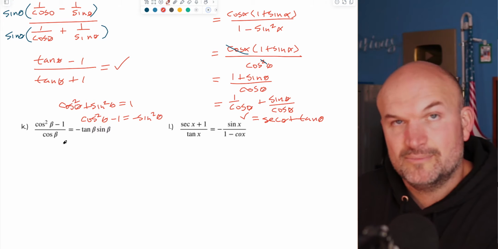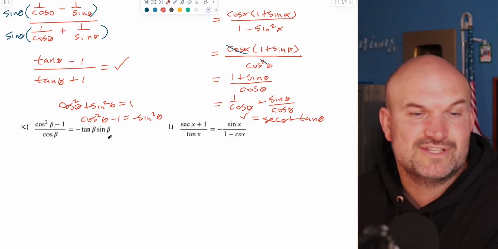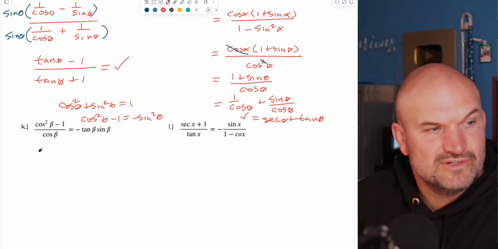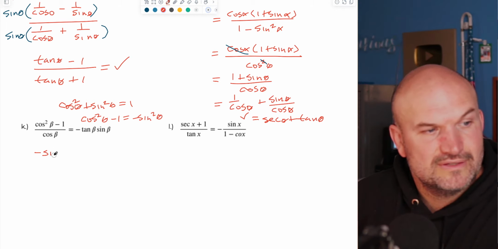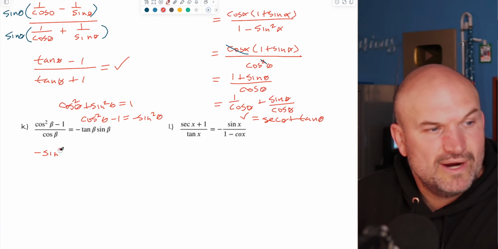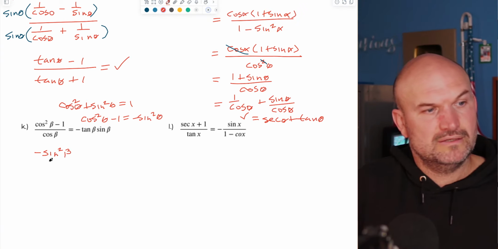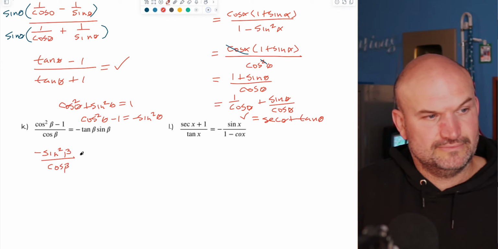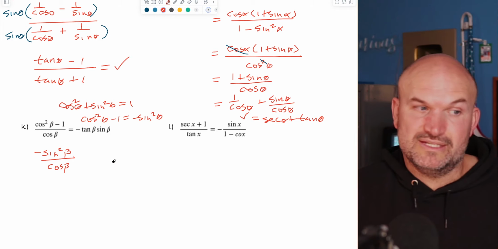Now, again, I'm using theta and the problem's with beta, but you don't always have to switch everything around. So this is going to be a negative sine squared of beta divided by a cosine of beta. All right. Now, again, sine squared is 2 of them, right?